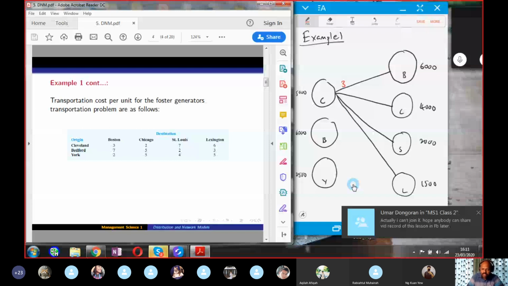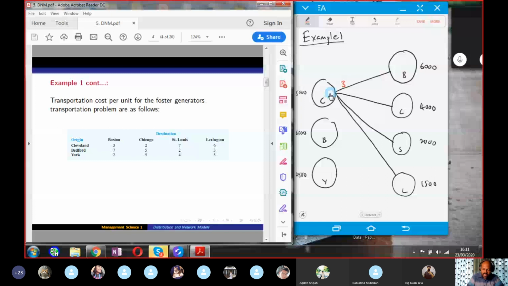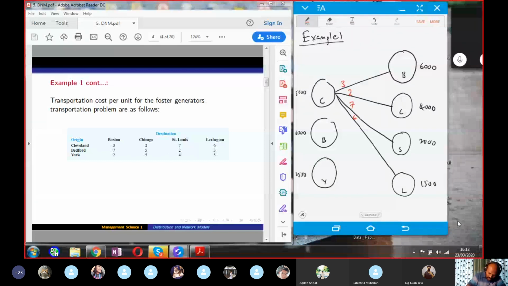So Cleveland to Boston will cost you 3 ringgit or $3 per unit. Cleveland to Chicago is $2. Cleveland to St. Louis is 7. Cleveland to Lexington is 6. This is how you have to draw the network representation. Same goes for the next one.